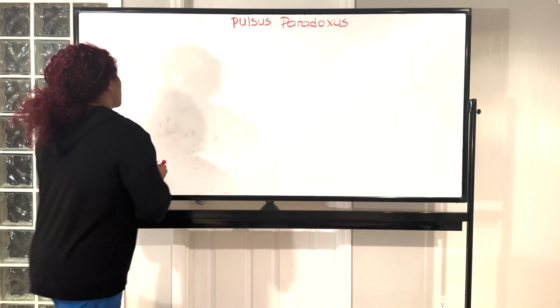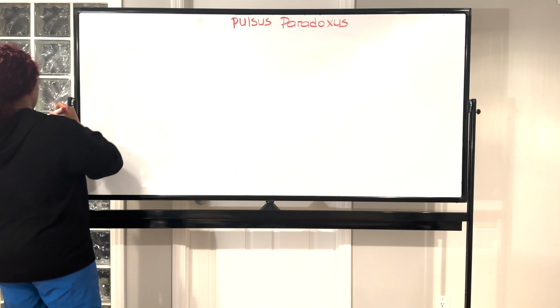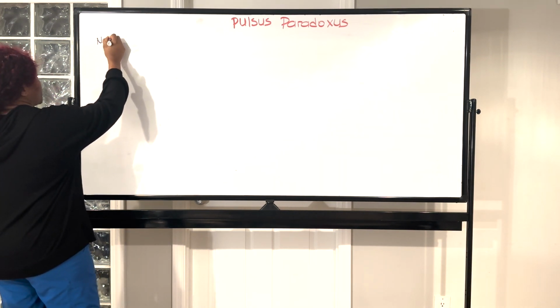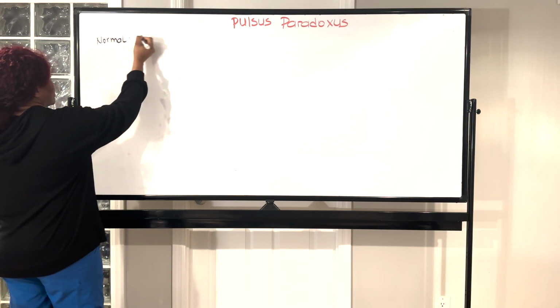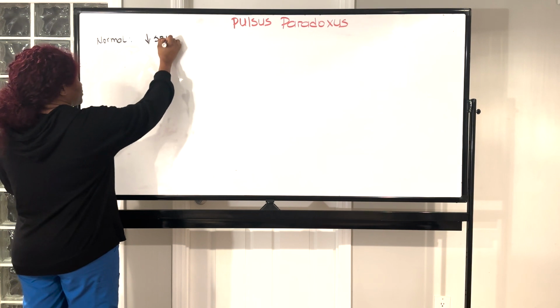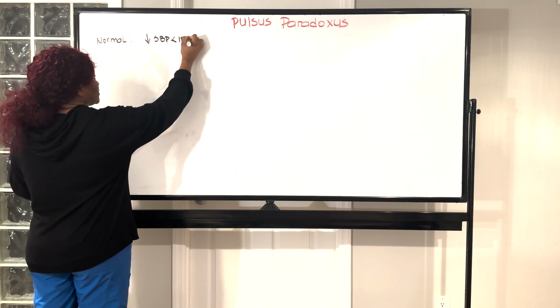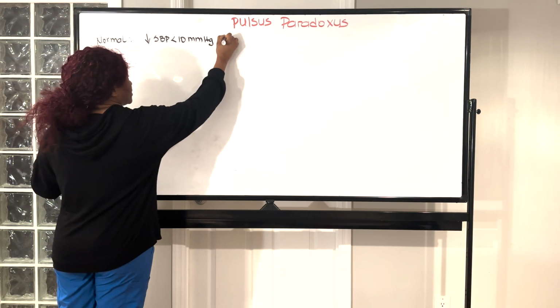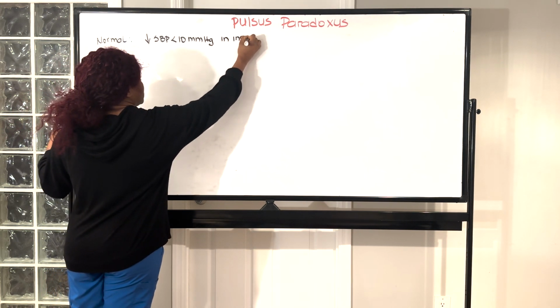So let's write down the basic definition. So the normal, a drop of systolic blood pressure less than 10 millimeter of mercury in inspiration.